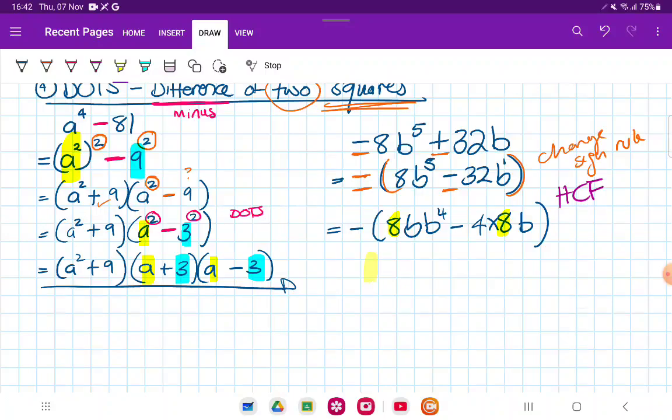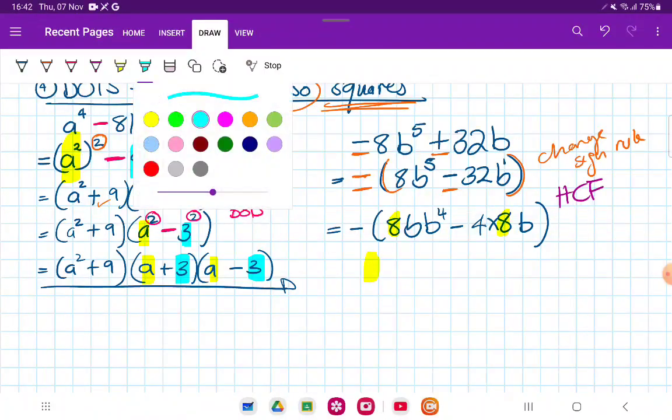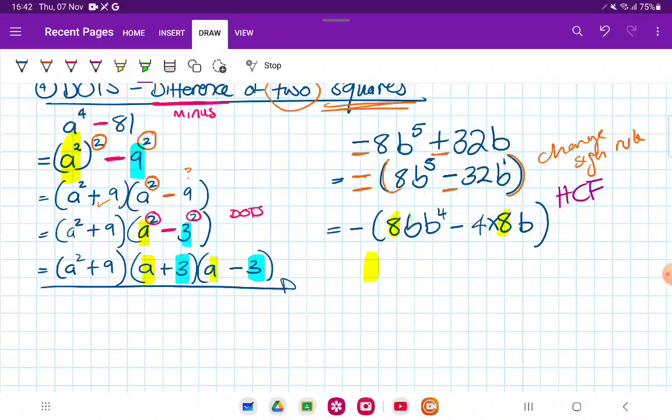So I'm going to take the 8 out. And the second one that I see that's common is going to be b to the power of 1. I take that out as well. So I have negative on the outside, 8b, and I'm left with b to the power 4 minus 4. And that is where I'm at.